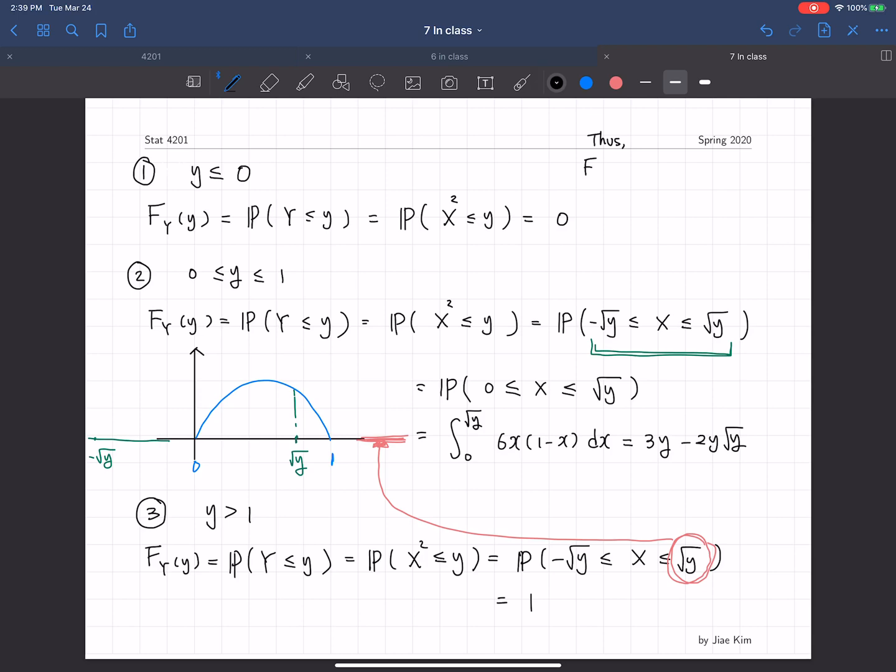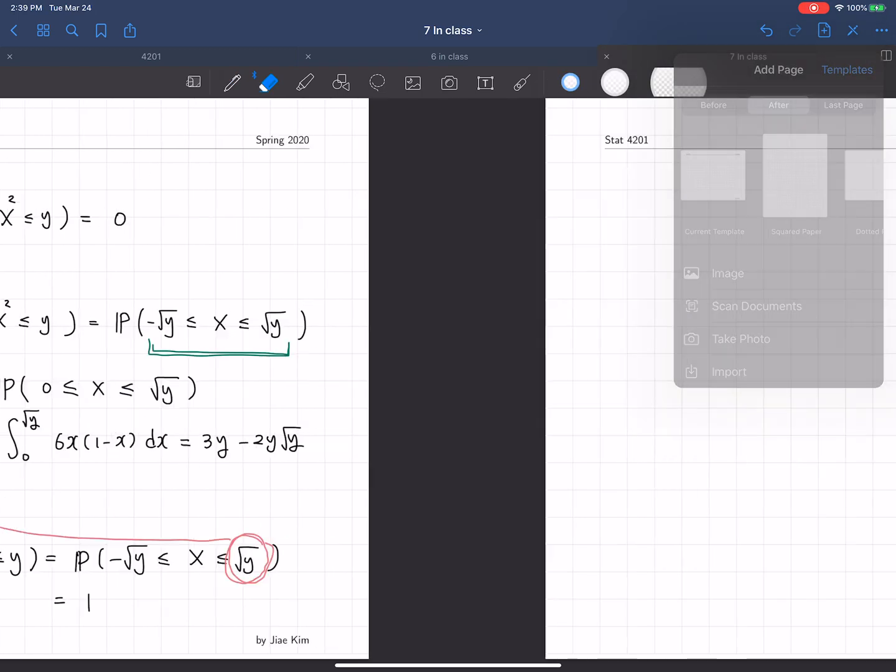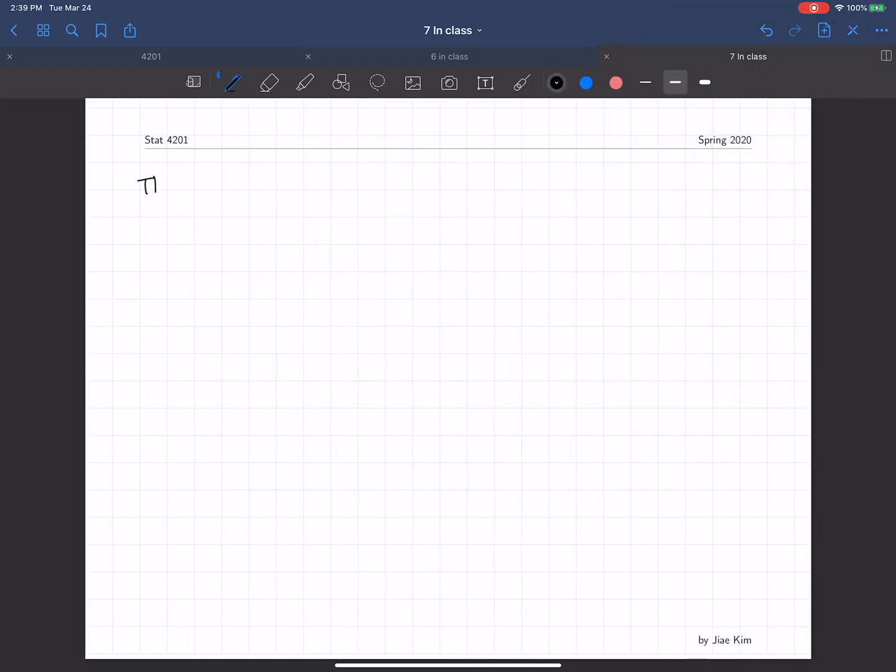Let me write the result on a new slide. Thus, the CDF of Y as a cumulative probability is 0 for y less than 0, 3y minus 2y square root of y if y is between 0 and 1, and 1 if y is greater than 1.